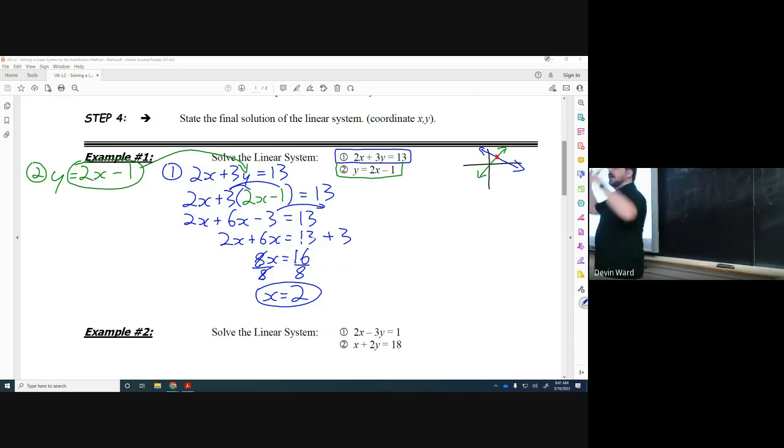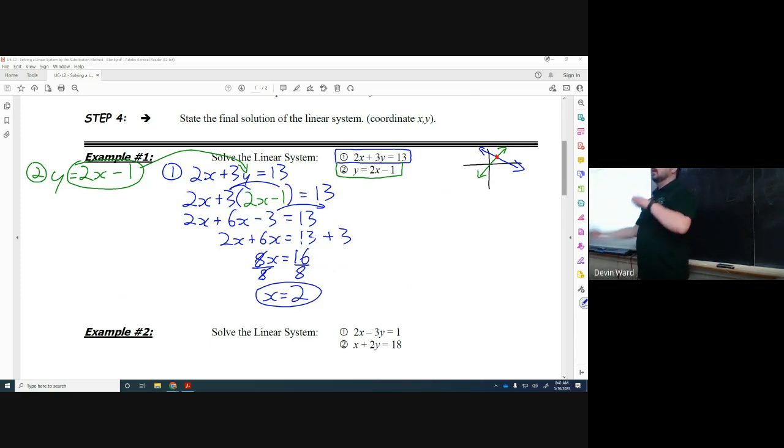So the biggest mind-warping step is probably this one right here. After that, we're just solving for x, like we did in unit 4.